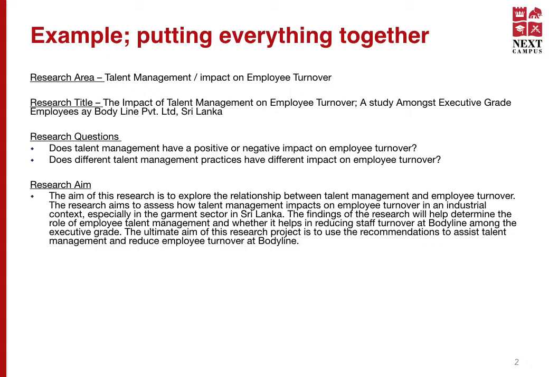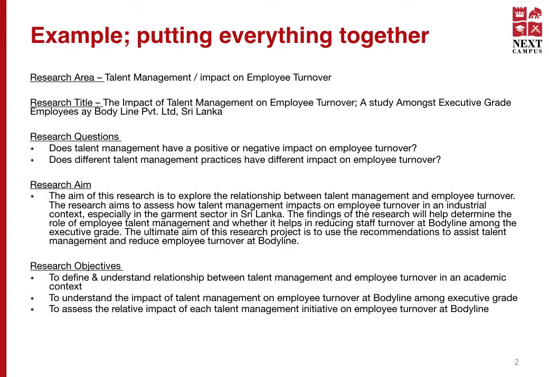Then we looked at the research questions and converted them to 3 research objectives. And the point to note here is the research questions are the starting point, and then you develop the research title, the research aim, and the research objectives.